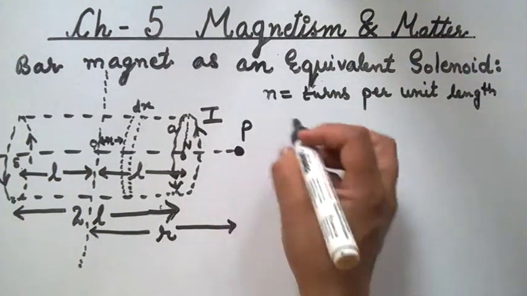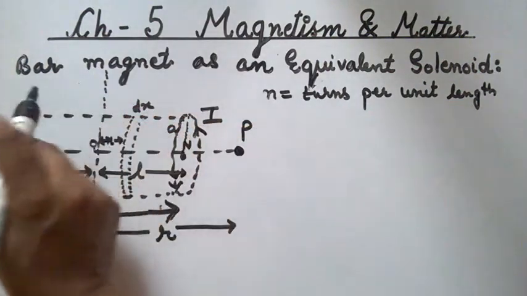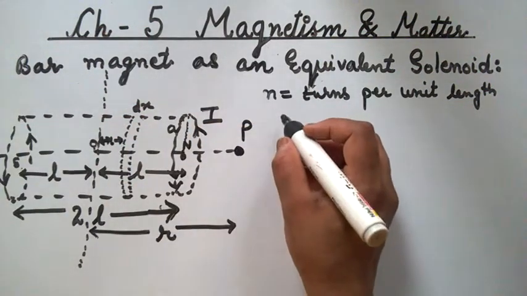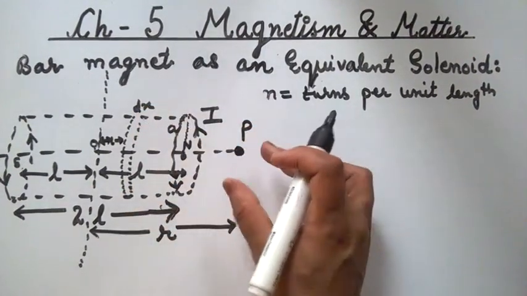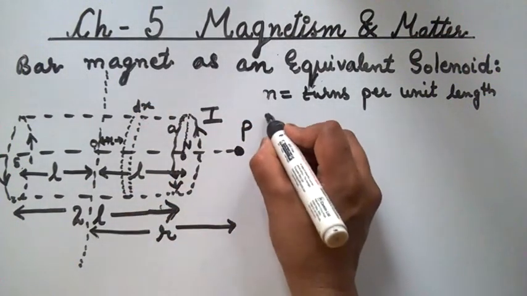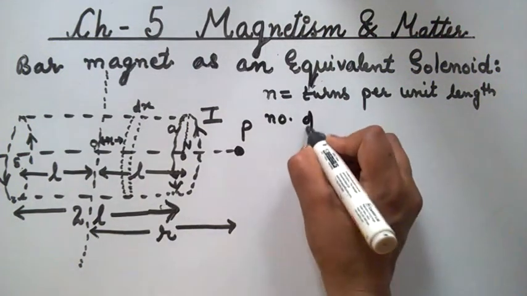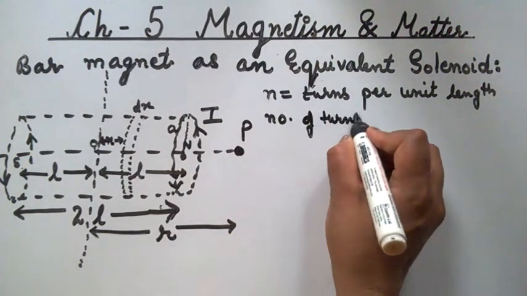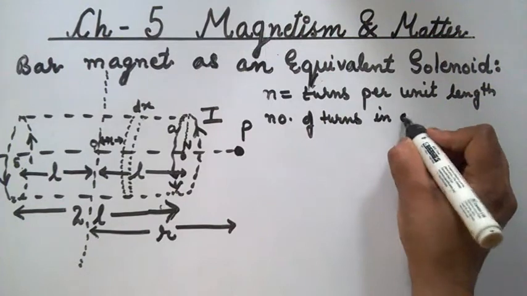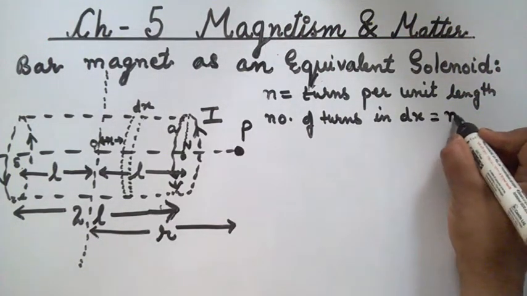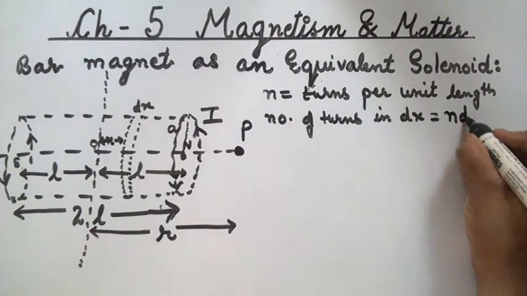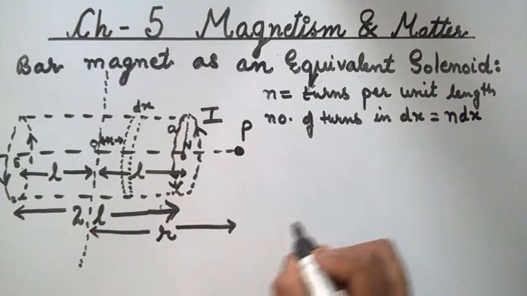Thus, if capital N is the total number of turns, the number of turns in this small element is equivalent to the number of turns per unit length into the small element dx.